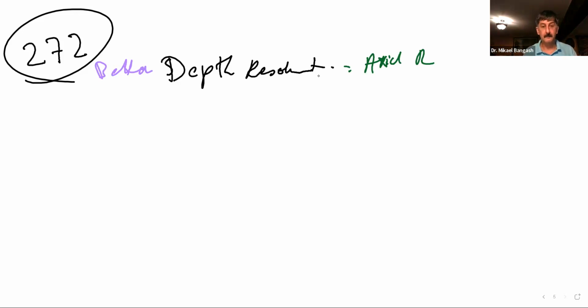Now, ladies, option 1 says a higher frequency. Is a higher frequency going to give you a better depth resolution? Yes.